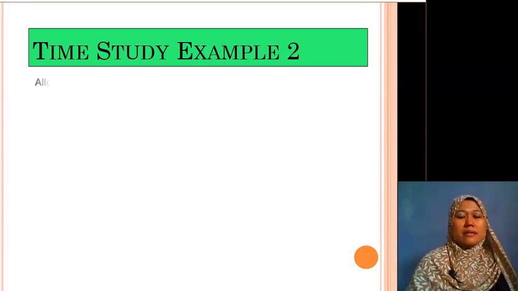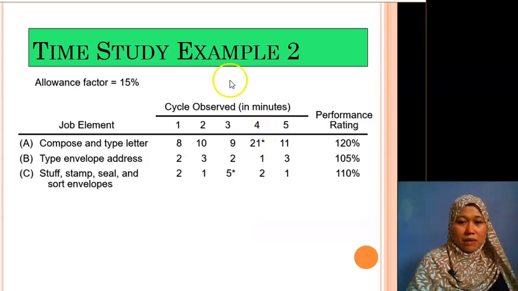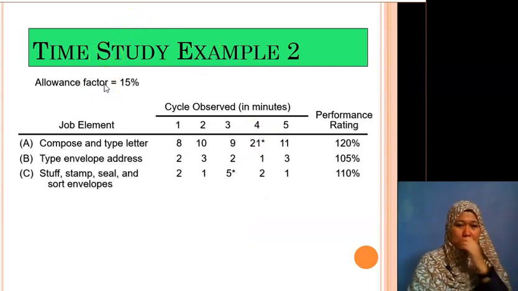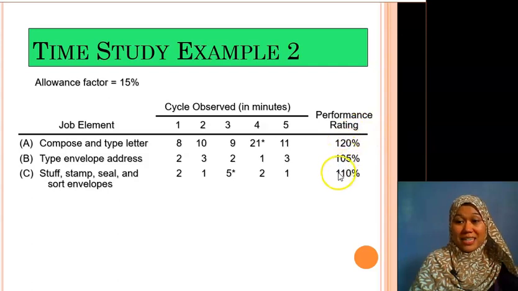Okay, look at this, the real observed data in which you have a few cycles. From this question, the information given is the allowance factor of 15%, and then they give the performance rating for each task in the process.